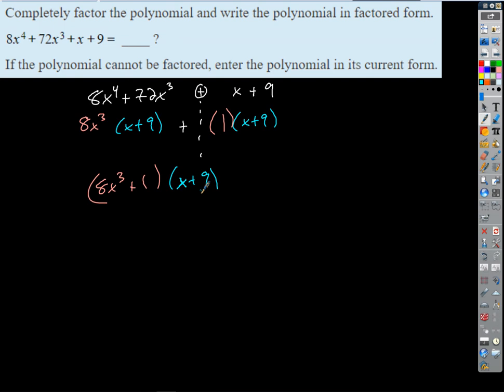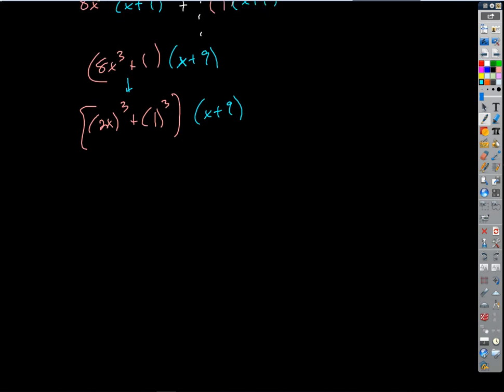So if it's going to fit that pattern, this would have to look like something cubed plus something cubed. Well, that's a 1. What would the first be? And then we just follow our pattern, right?